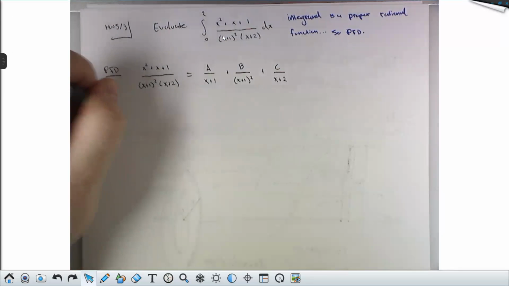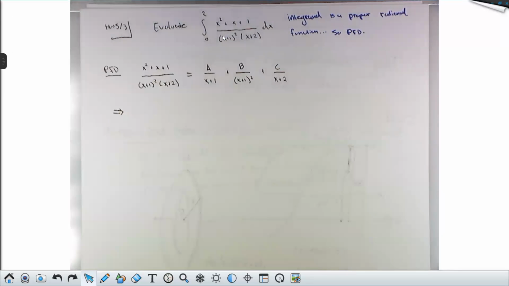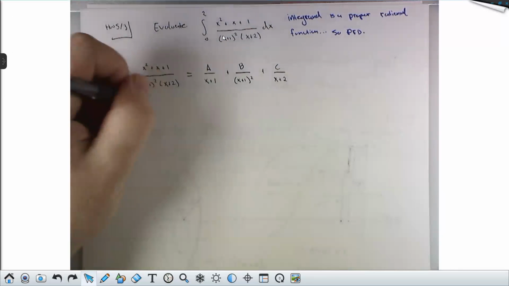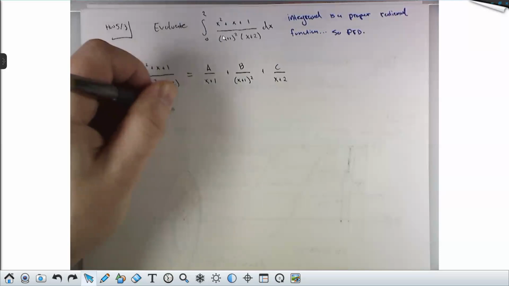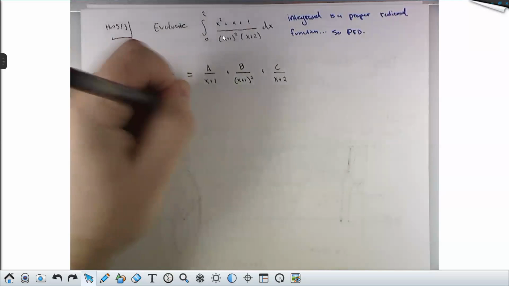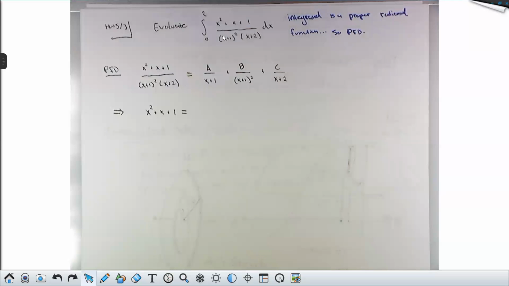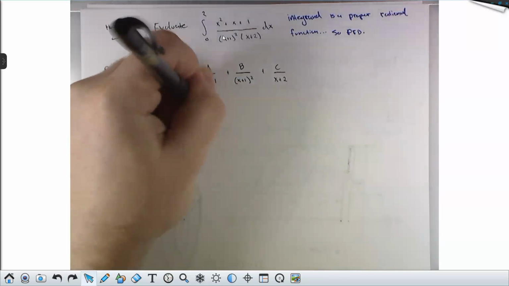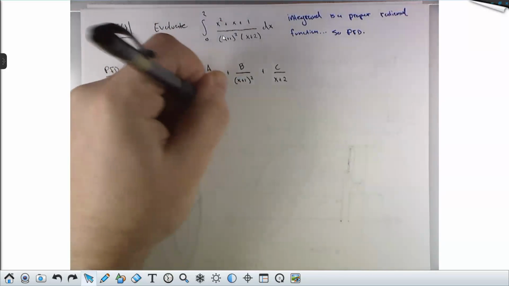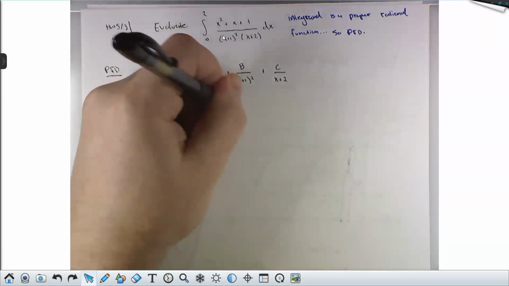My next step is to clear out those denominators. My left-hand side will just be x squared plus x plus 1. And on my right-hand side, when I multiply everything over here by x plus 1 squared times x plus 2, one of the x plus 1s will cancel here, and I'll have A times the other x plus 1 times x plus 2.